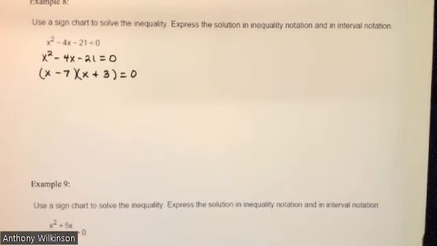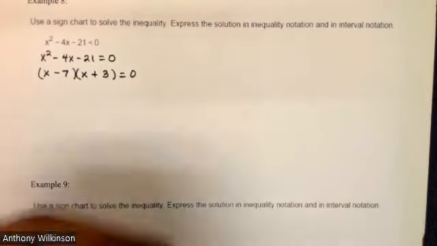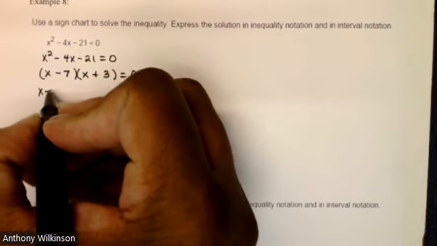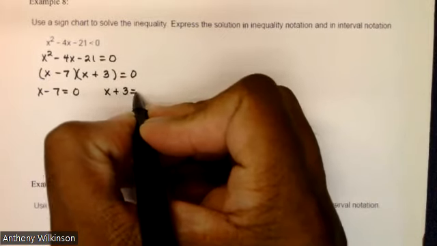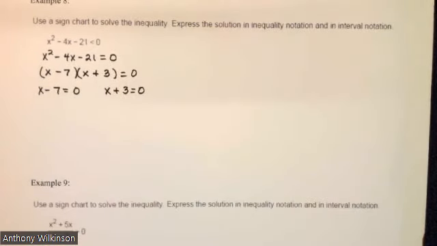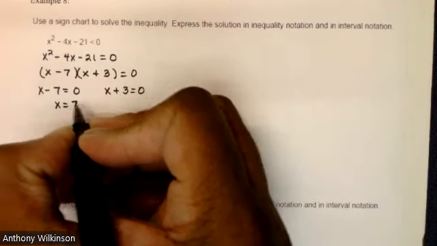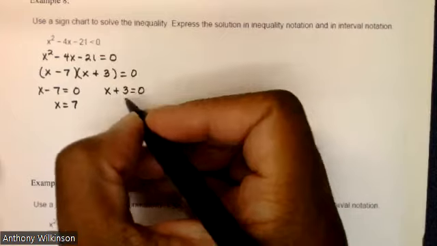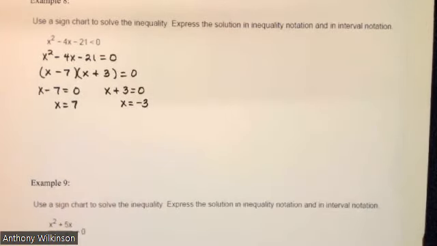So I have x minus 7 times x plus 3 is equal to 0. Then we set each binomial factor equal to 0, so x minus 7 equals 0 and x plus 3 equals 0. And then we solve each equation for x. For x minus 7 equals 0, x is equal to 7. And for x plus 3 equals 0, x is equal to negative 3.